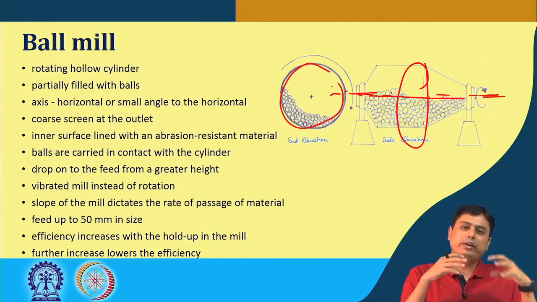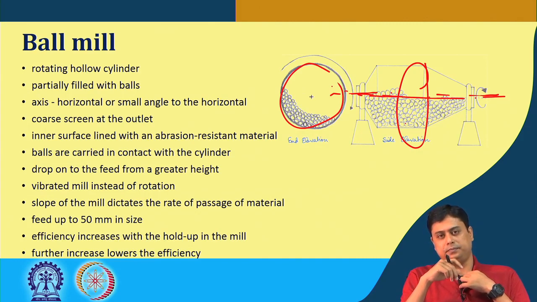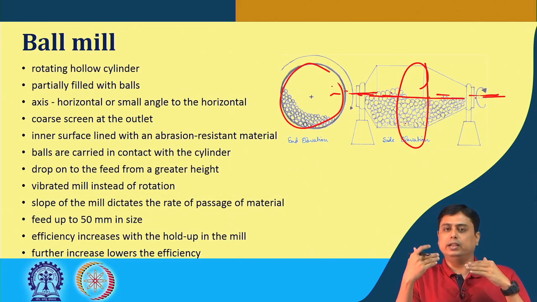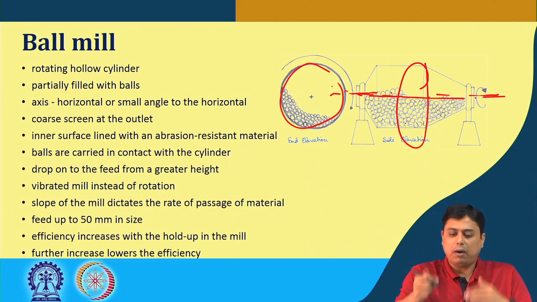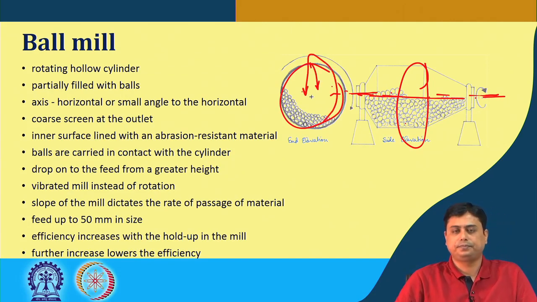Now, if you increase the feed throughput more than that, then the efficiency decreases. Because if we increase this level of feed, the ball effectively has to fall on the particles.